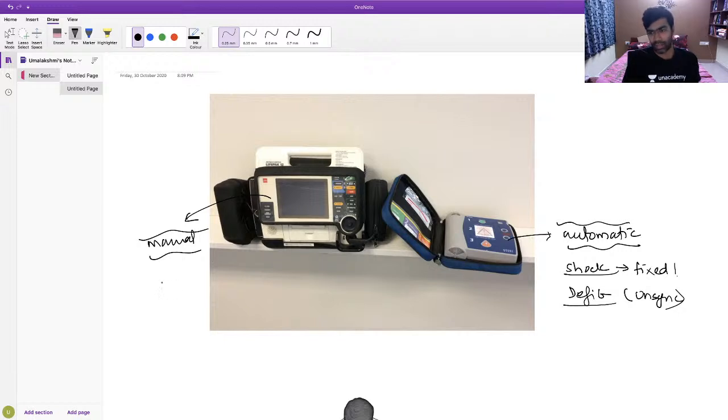But as far as the manual is concerned, the amount of shock can be variable, which means you can deliver 100 joules, you can deliver 200 joules, you can deliver 250 joules, depending on the type of arrhythmia. So you can set the amount of shock depending on the type of arrhythmia.